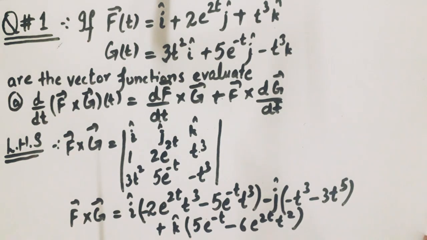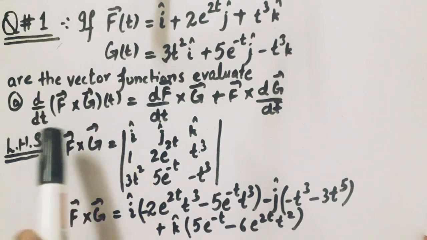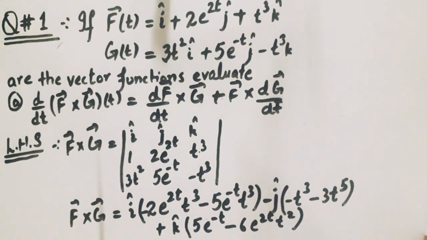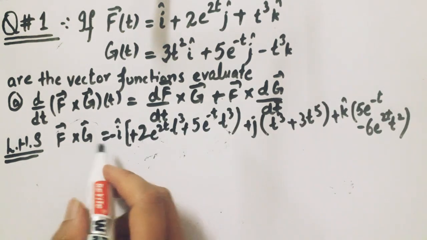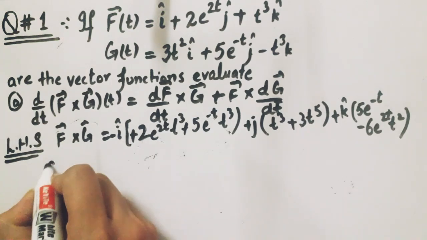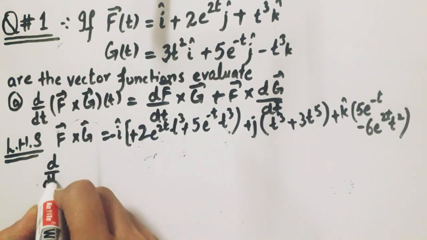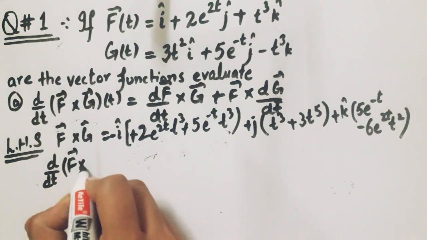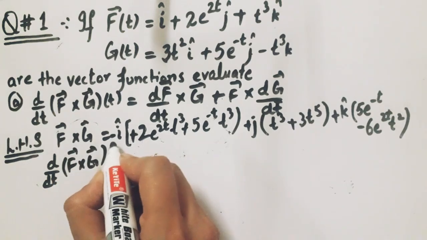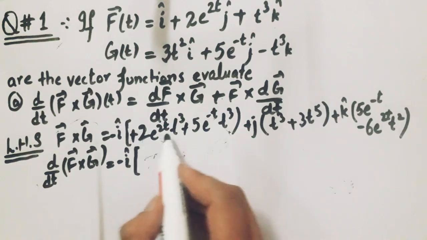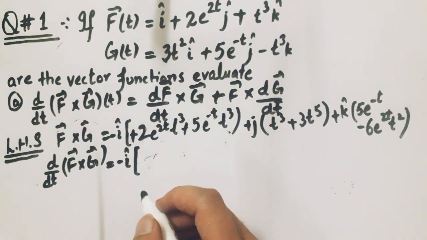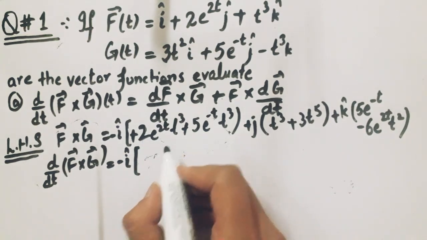Now we will differentiate this with respect to t to get the final answer. So we will differentiate f cross g with respect to t. Minus i unit vector is taken as common, and then differentiate this with respect to t.